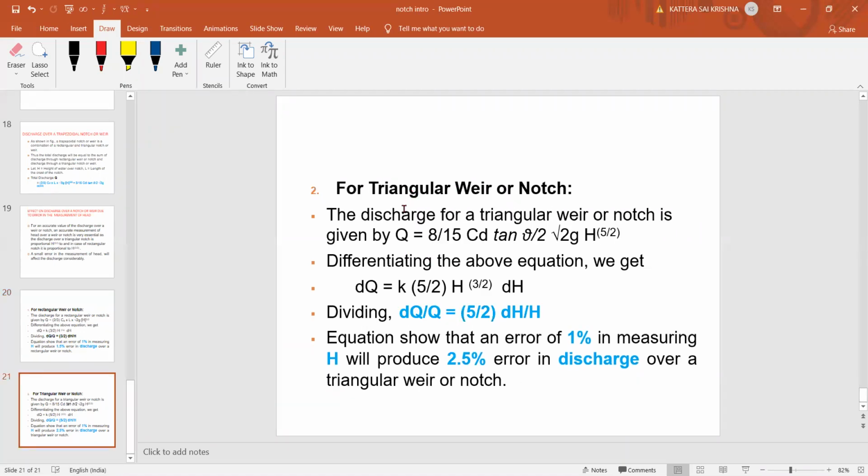Similarly, in your triangular notch, if you take a 1% error in the head value, a 2.5% error will be produced in your discharge. So while measuring the head value above the crest, we need to be very careful to find the h value so that we won't get any errors in the discharge.